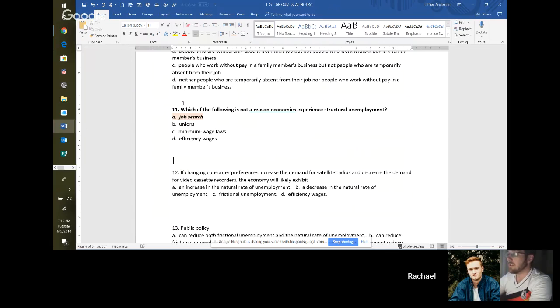So if that's taking longer, then that would cause structural unemployment. And the book says that minimum wage laws also cause structural unemployment. But this question is asking which of the following does not cause structural unemployment. So I guess it would be efficiency wages.